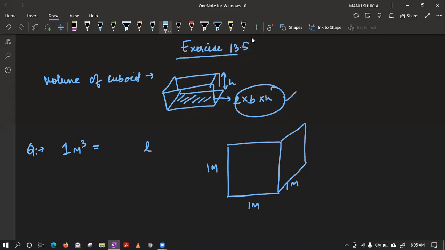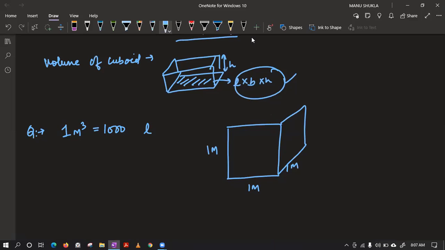We discussed this last year also, and we said that 1 meter cube equals 1000 liters. So this question is based on this only. You can unmute yourself whenever you want to ask anything, but you have to mute yourself again after that.